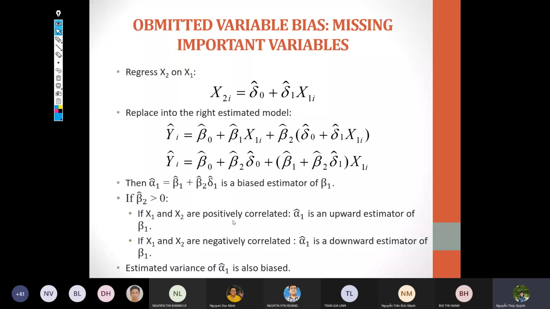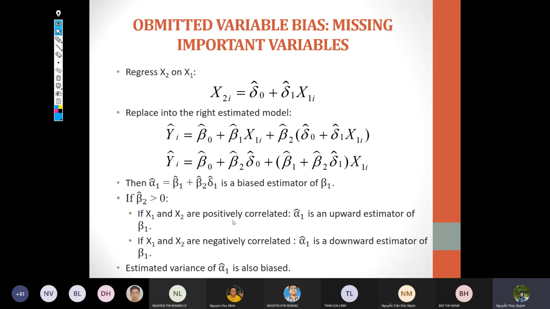Okay, so remember when you specify the population regression model, please use the economic theories of previous researchers to determine the important independent variables of the model and try not to omit them from your model, all right?